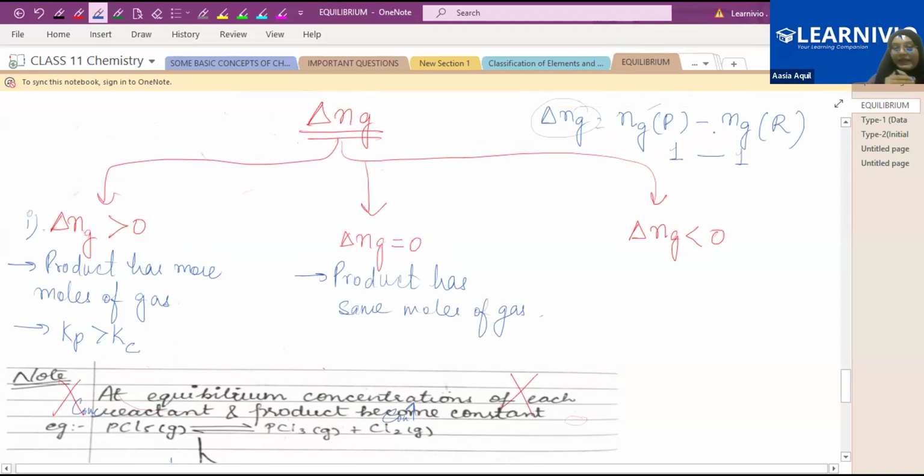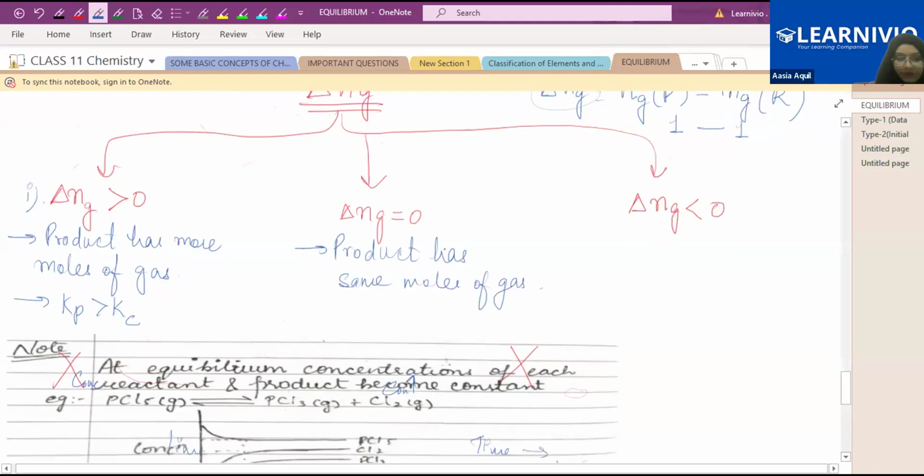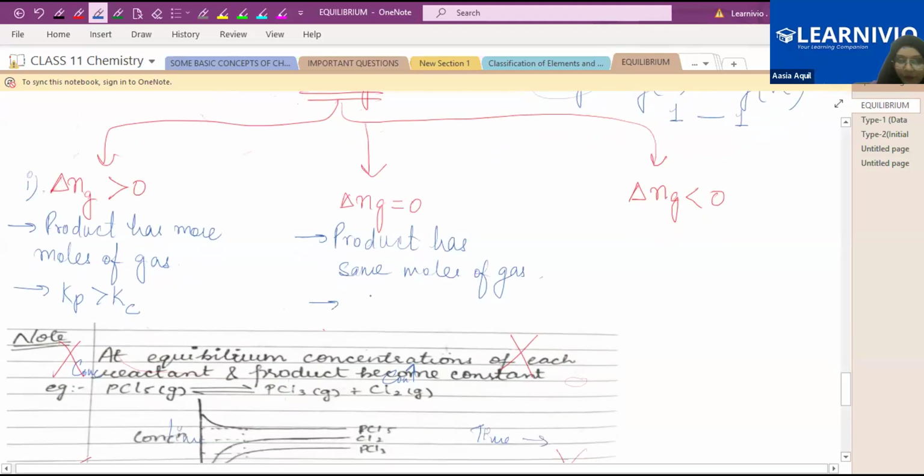So if the delta Ng value is 0, the product has the same number of moles of gases as the reactant. So here Kp will be equal to Kc in the second case.